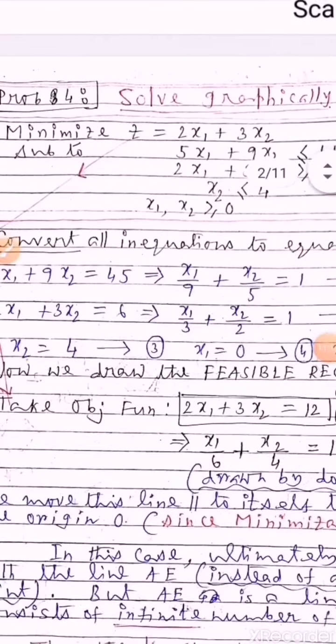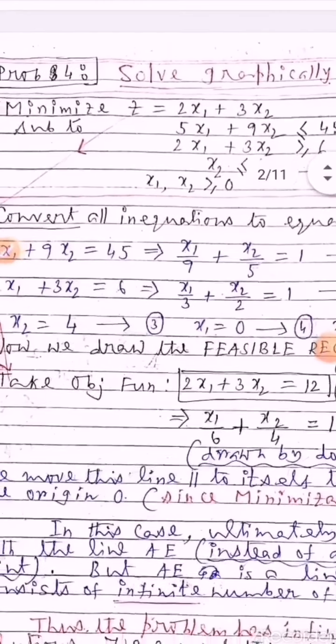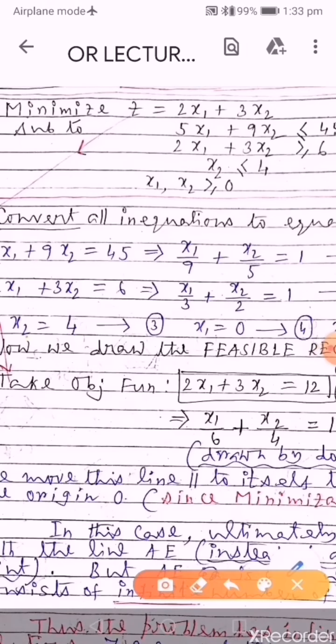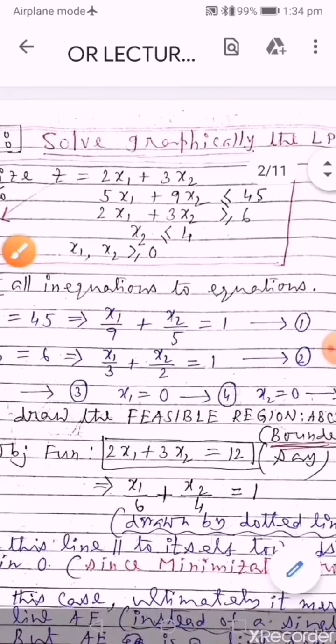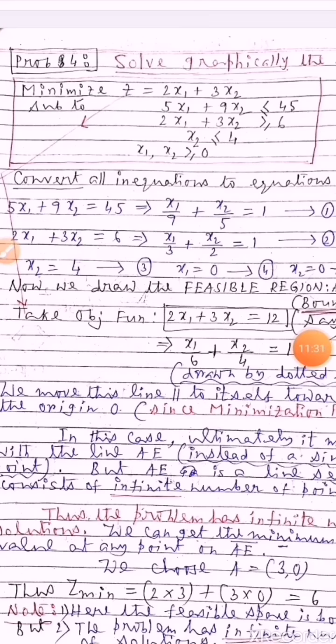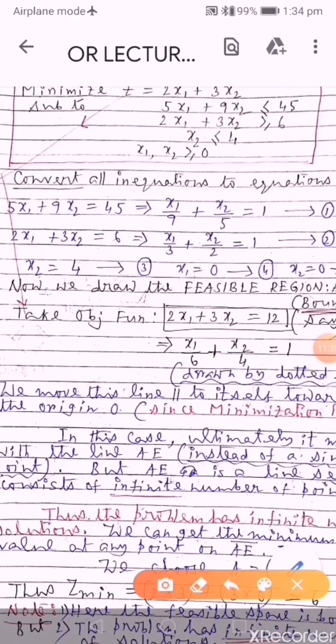Our next problem is to consider this one. This is a minimization problem subject to constraints 1, 2, 3, 4, 5. As before, we convert the inequations into equations like this.